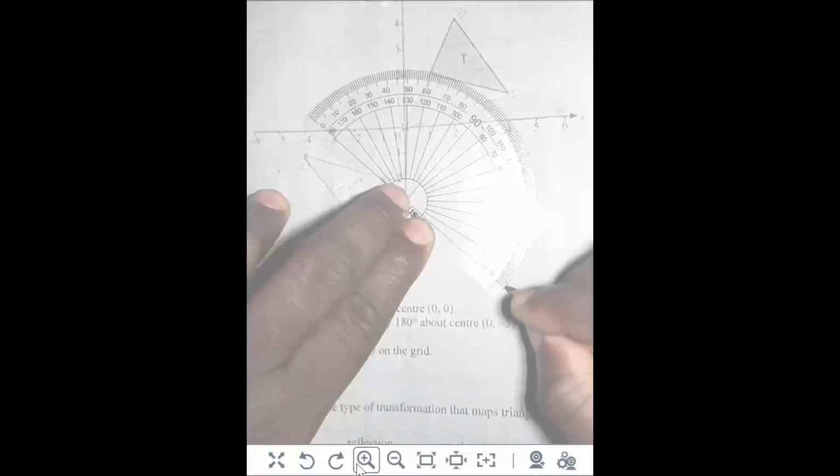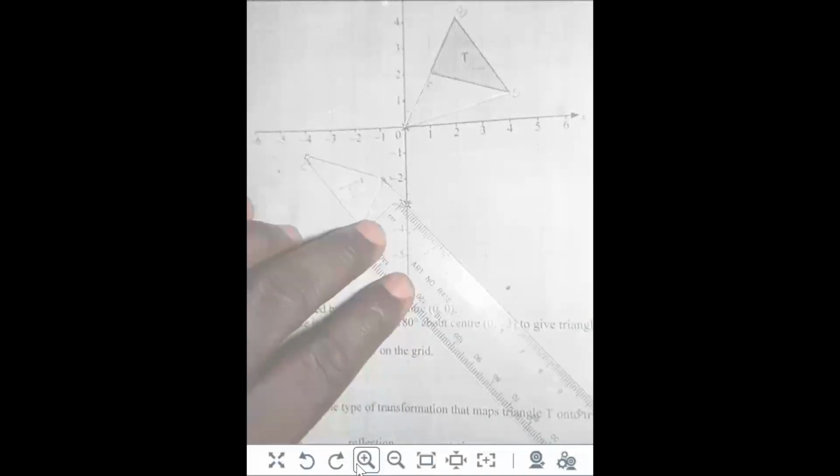Now you take your ruler from point A prime to the center of rotation here. This is about 1.2 here. Then I will measure the same thing from my center of rotation. For my center of rotation, I will set the ruler to be in line with this point.